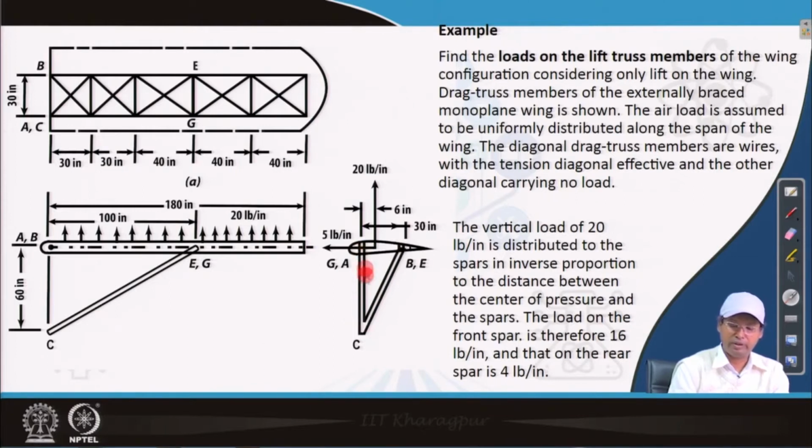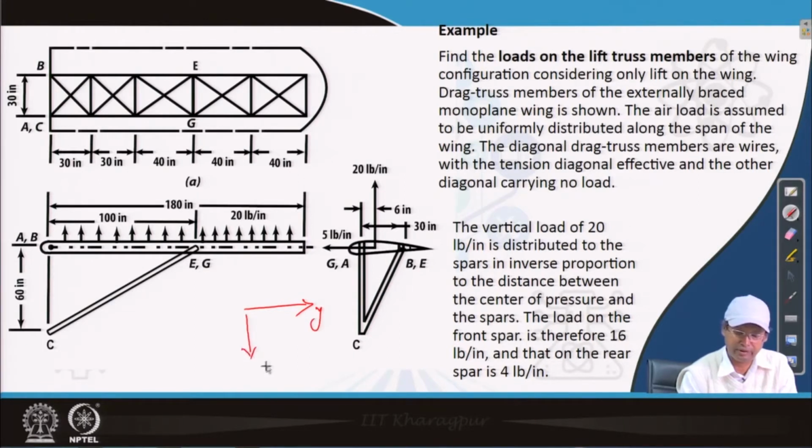This is a member lying on the plane, so it is better to have a direction. This is the y direction, this is the x direction, and the up direction, that means this direction, is the z direction. So, I think it is better to draw here y, this is x.